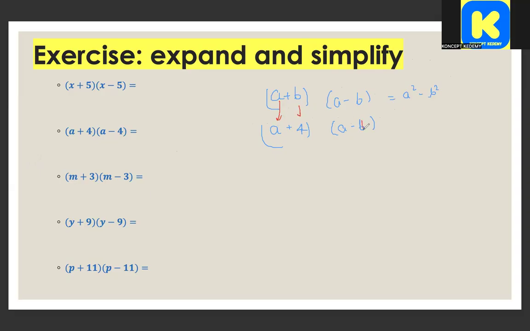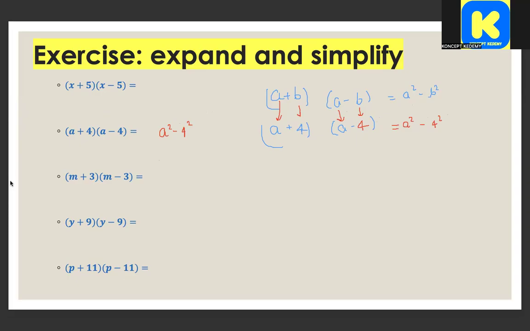Sorry, I forgot to write 4 here. It should be 4. Let me quickly erase it. In the place of a, there is a. In the place of b, there is 4. So a square will come as it is, and in the place of b, we have 4. So minus 4 square. So the answer of this question will be a square minus 4 square.